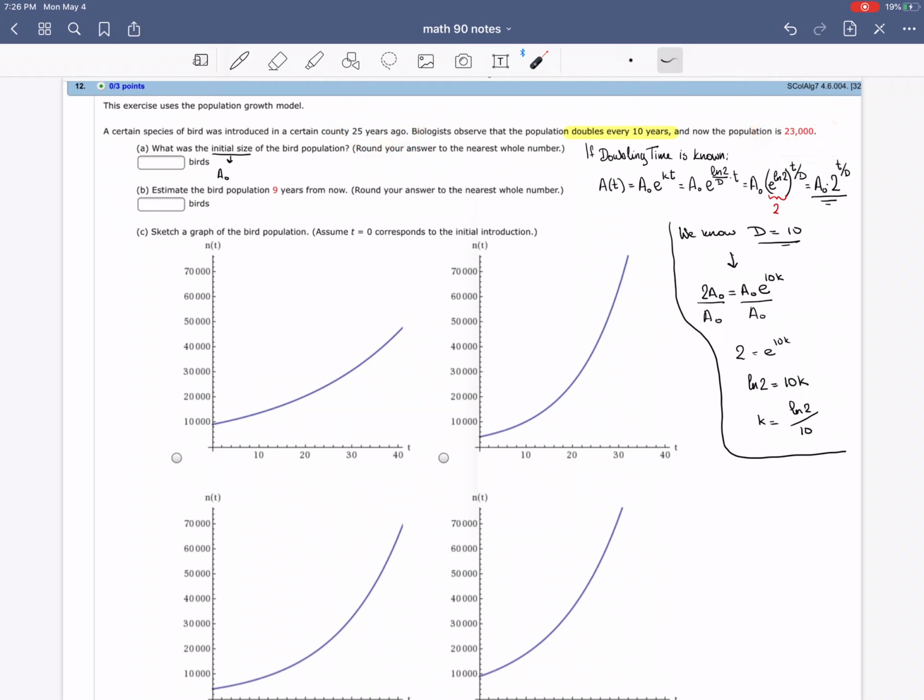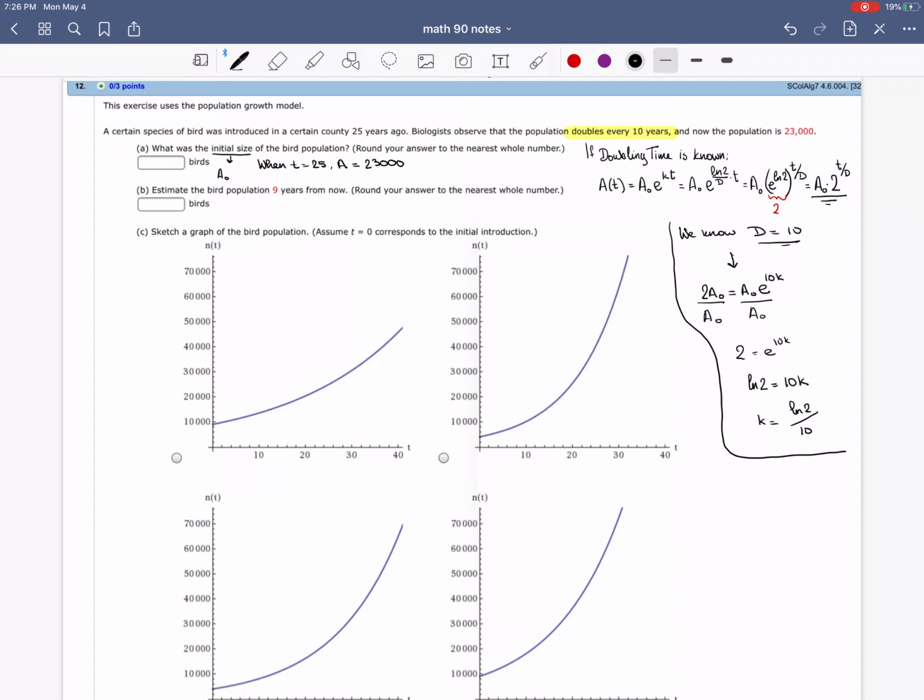So we know that 25 years after the population was introduced onto this island, it has grown to 23,000. All right, so we know that when T is 25, A is 23,000. Right, the actual size of the population is 23,000 after 25 years.